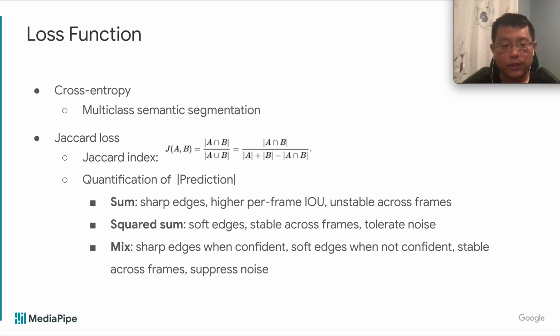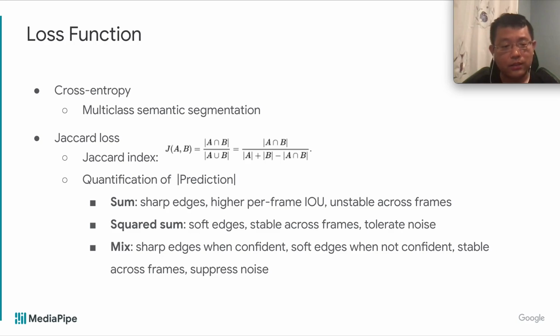The sum quantification results in sharp edges and higher per-frame IOU, but is unstable across frames. The boundary of the segmentation mask can be flaky across frames. The square sum works towards another direction.